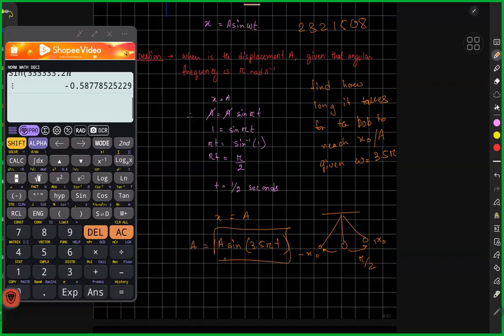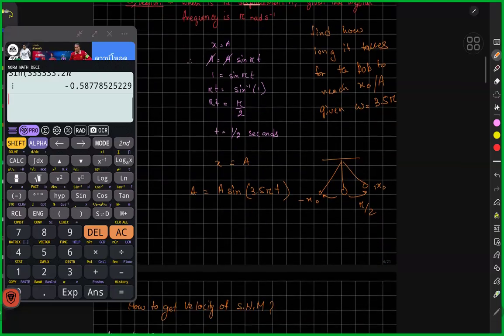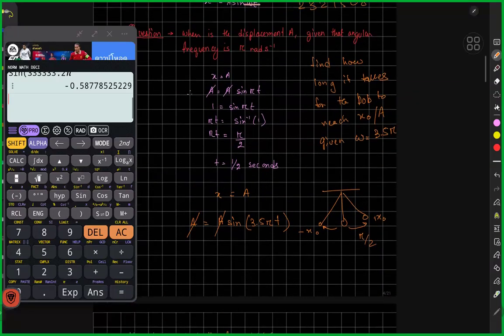This is the typical equation A times sine omega t, where 3.5 pi is omega and t is the time elapsed. Now the amplitudes A and A cancel off, and you're left with 1 equals sine 3.5 pi t.